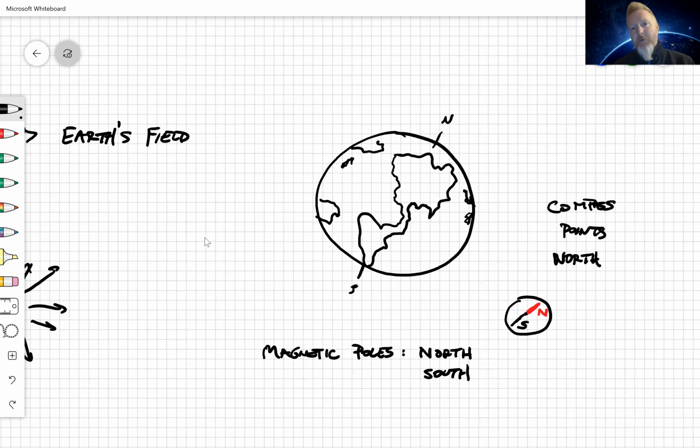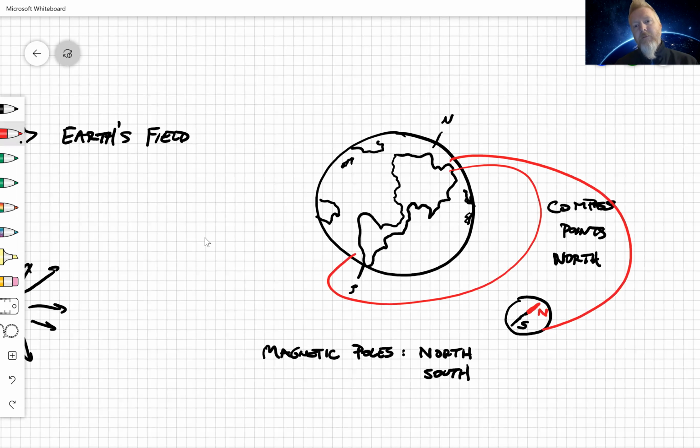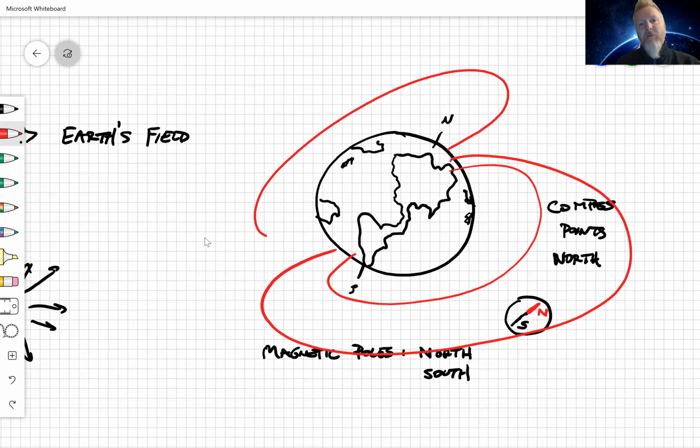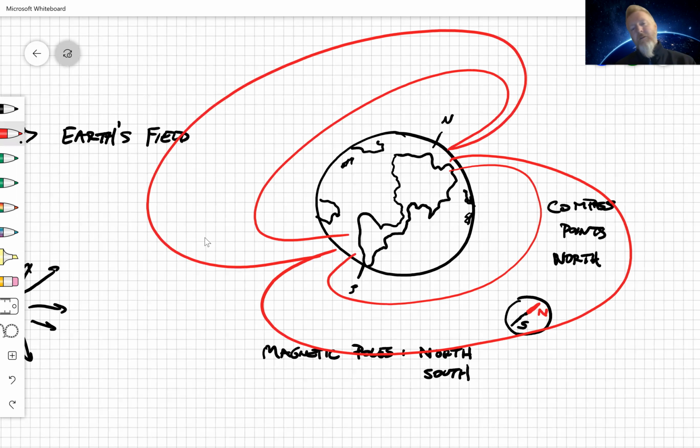Now, if you look at Earth's field, then what Earth's field does is something approximately like this. Huh. Well, that's kind of funny, isn't it?